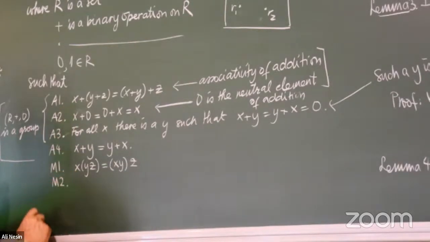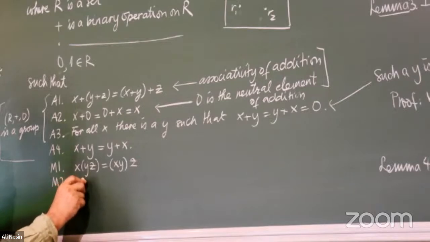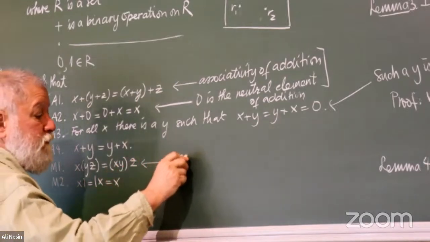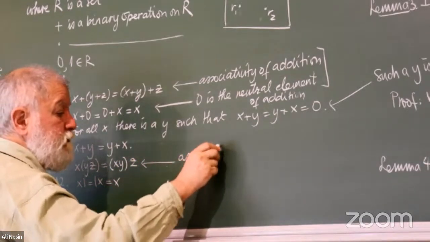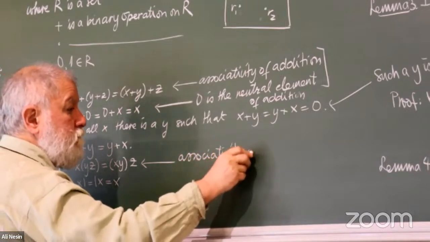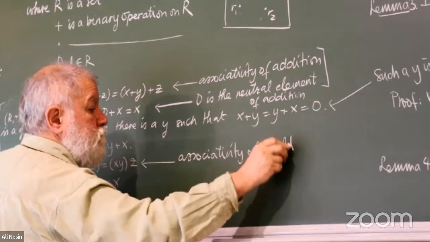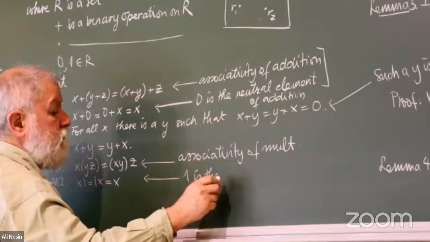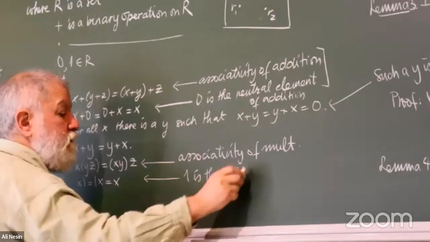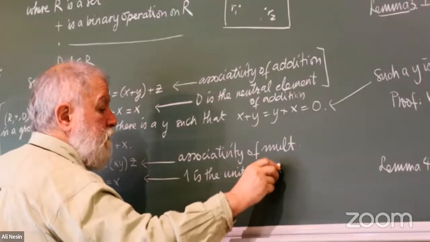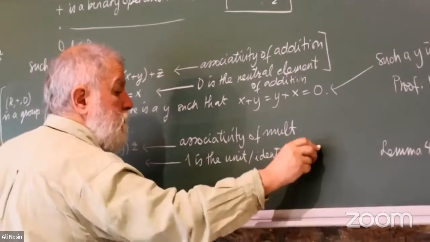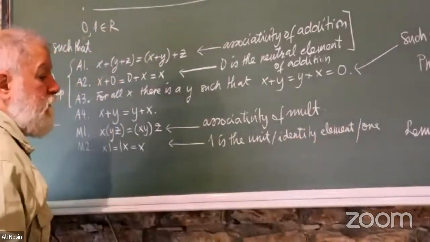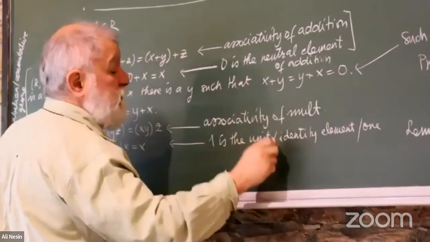M2: X times 1 is equal to 1 times X is equal to X. This is the unit, or identity element. Or 1 of R, of the ring, is the unit identity element for multiplication.